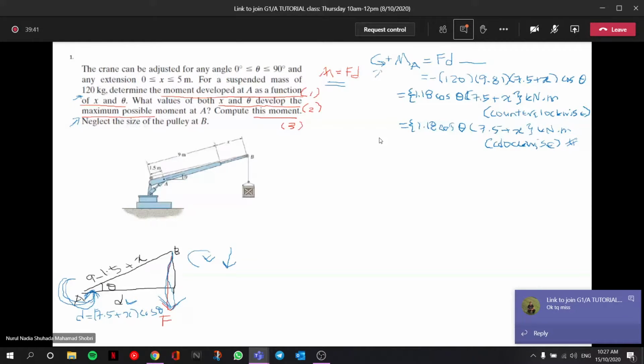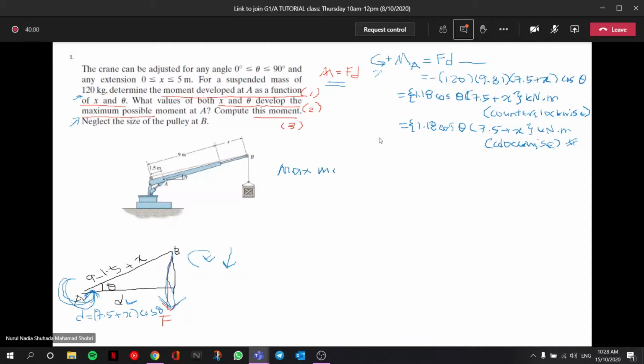Okay. If then we proceed, the maximum possible value, moment value. So in this case, maximum moment, because it gives us two things, theta and also x. So there should be two conditions that fit the condition.